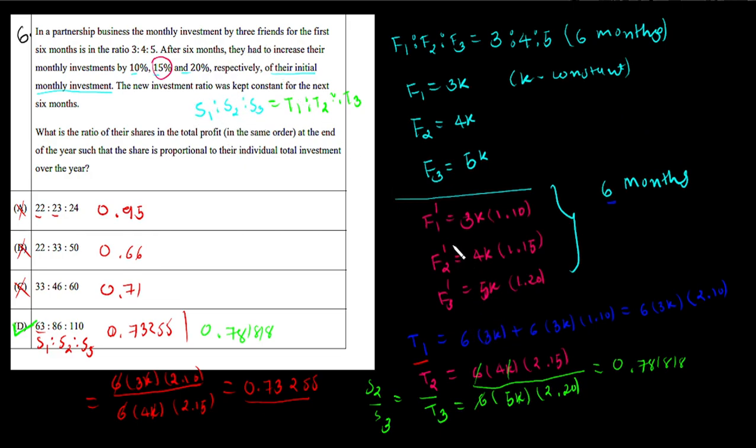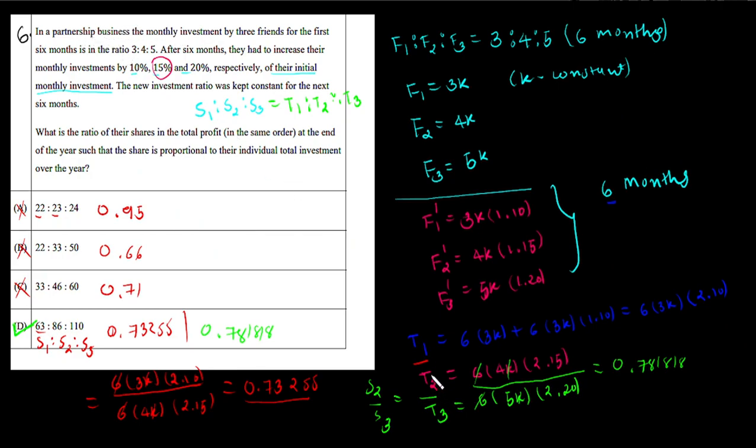Here the share is directly proportional to the total investment of a particular friend. So the total investment by the first friend during the whole year is the amount from the first 6 months plus the amount from the second 6 months. I simply add those two numbers multiplied by 6, because this ratio is constant for 6 months, and this ratio is constant for the next 6 months. So this is the total amount which the first friend invests during the whole year in this partnership business.